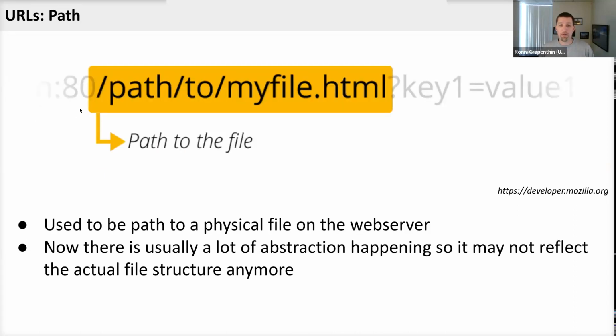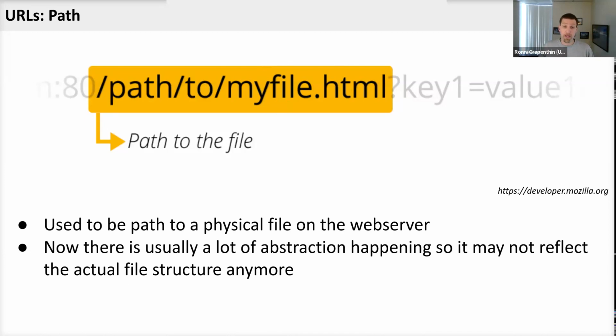Following that, either with the port or without the port, is the path to the file, or the path that is given. Here it is /path/to/myfile.html. So this is a static HTML file that is living on the server in the subdirectory path, which has a subdirectory to, which contains myfile.html.